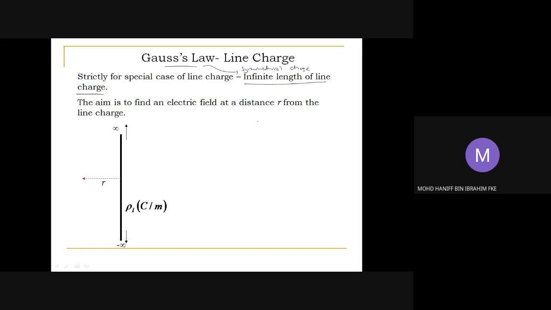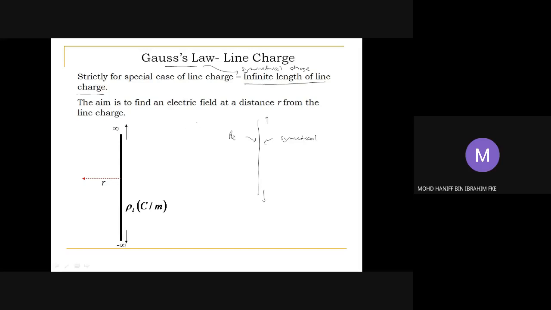So looking at this particular infinite length of line charge, this is our rho L. Okay, so we can see that this particular charge structure, which is infinite in length, is called symmetrical.